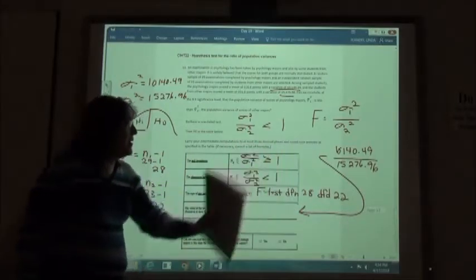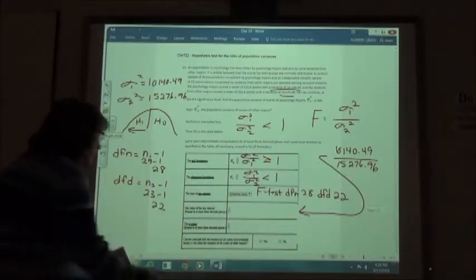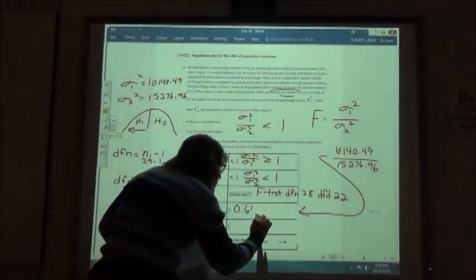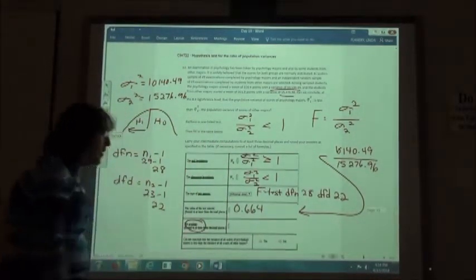So when you divide 10,140.49 divided by 15,276.96, what do we get? 0.664 then, okay?